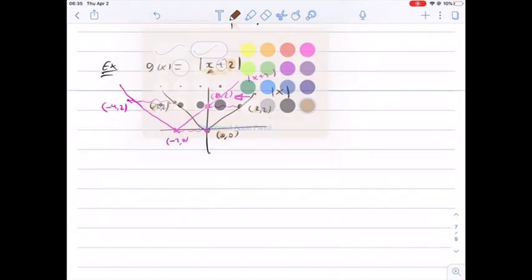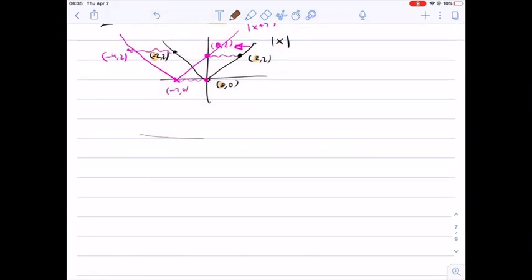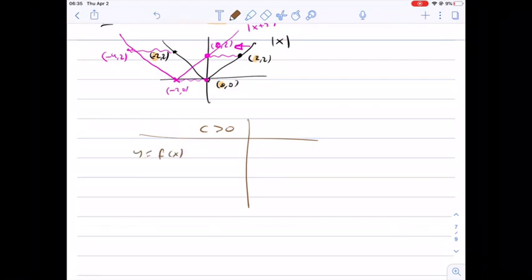So we can summarize this. If c is greater than 0 and y equals f of x, the original function or the basic function, plus if we add some constant to the original function, we have shift by c units up.